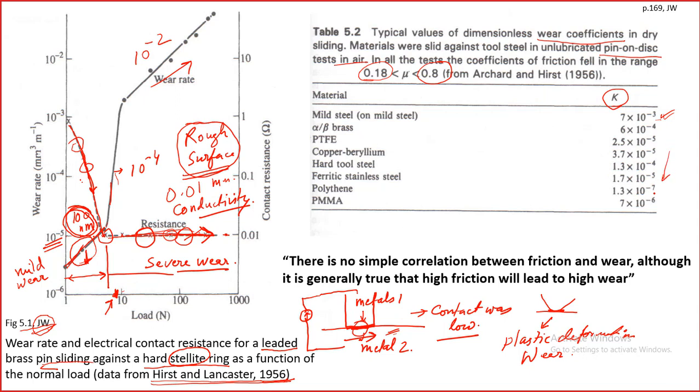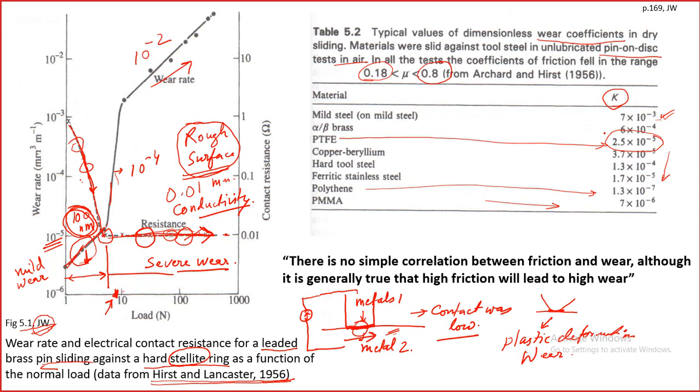So for example, 10 to the power minus 7 for polyethylene is very low wear rate. PMMA also 10 to the power minus 6, and other metals are in this range, minus 4 to minus 5. But one exception is PTFE. Teflon has got high wear rate. Okay, so this kind of data tells us few points.